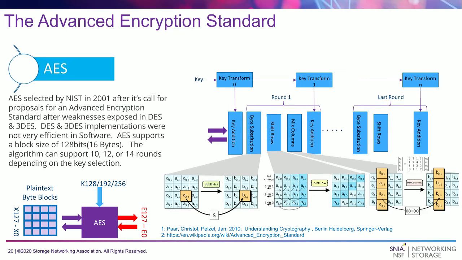So what basically happens with this AES algorithm? It's a byte algorithm. You work on 128-bit blocks, and you see there the 4x4 bytes. So the block itself goes into the algorithm. You have keys, and what you'll notice is that one key starts what's known as a key transform up top.